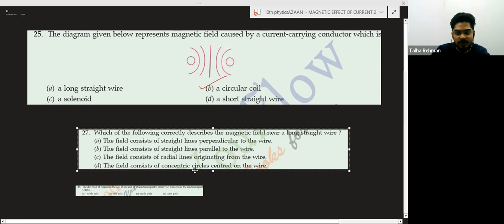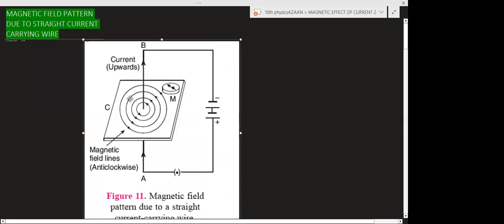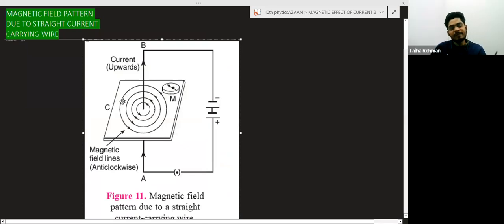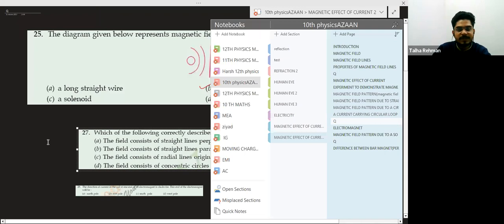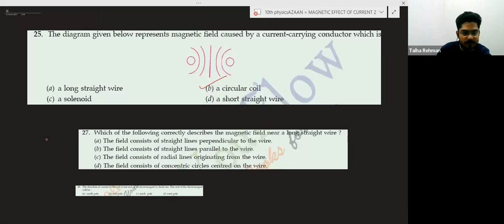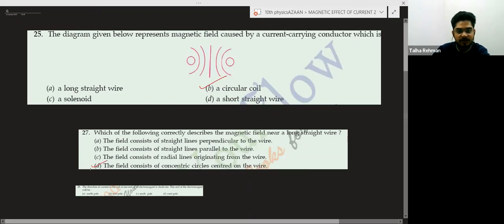The field consists of concentric circles centered on the wire. These are the magnetic field lines or magnetic field pattern due to this wire, and these are the concentric circles, and the center of all these concentric circles will lie on the wire. So the answer will be option D.